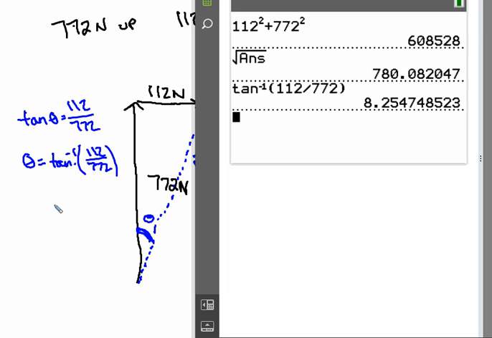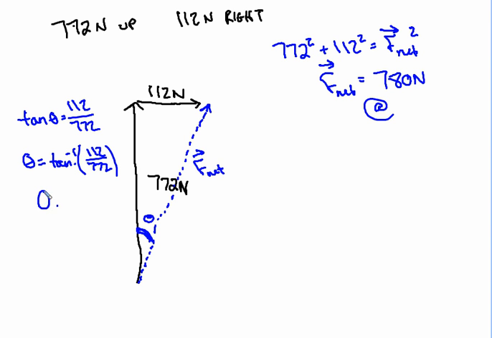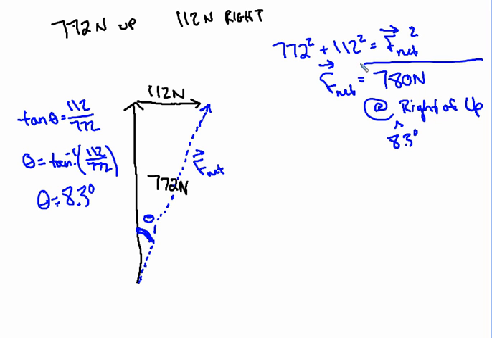And I get 8.3 degrees. 8.3 degrees in which direction? Not straight up, but right of straight up, or right of forward. I'll put right of up. Probably should put the angle in there. 8.3 degrees right of up. Okay, there's the resultant force.